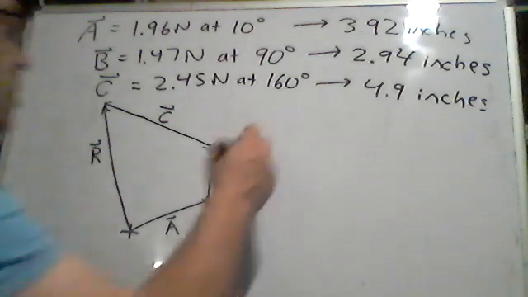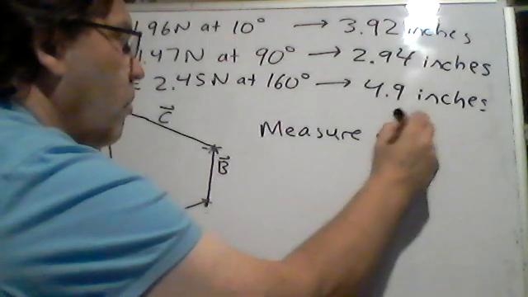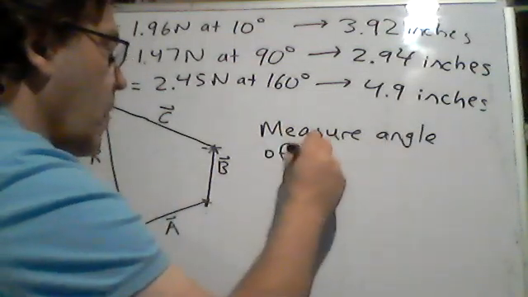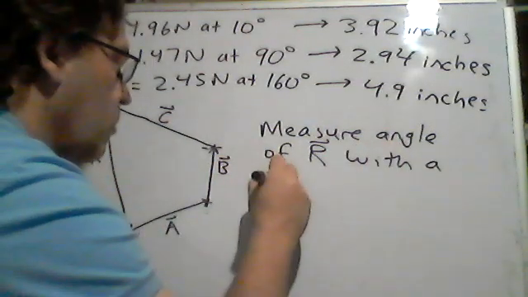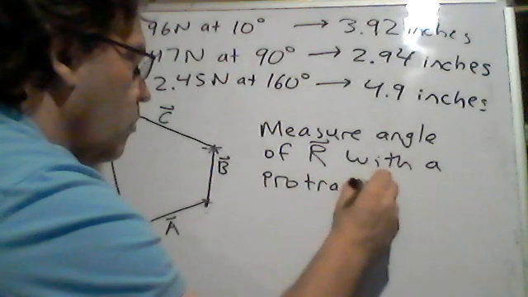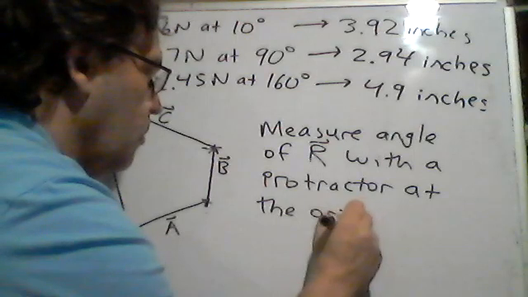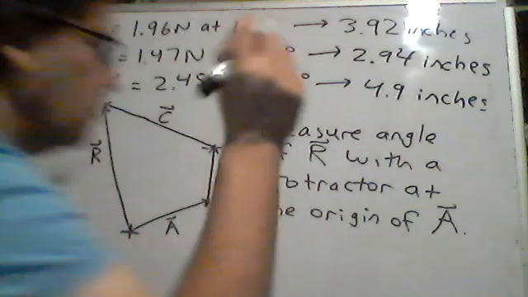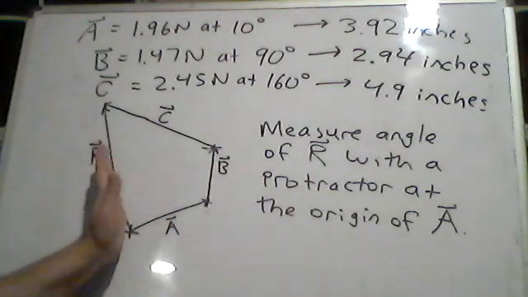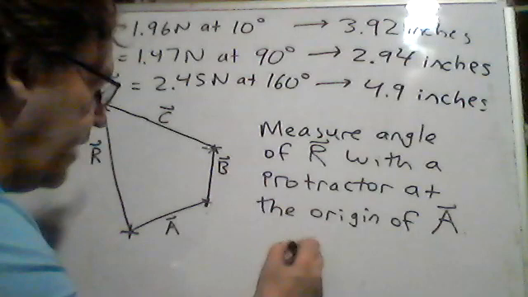So you'll measure the angle of R with a protractor at the origin of A. Okay? So again, origin of A, measure the angle of R. Everything you're doing here is through measurement. And you get theta. We'll call this theta of your resultant.